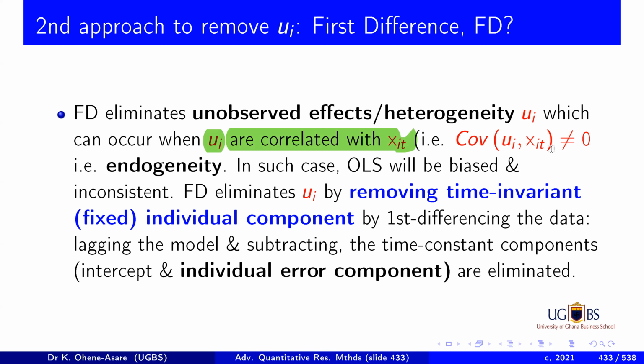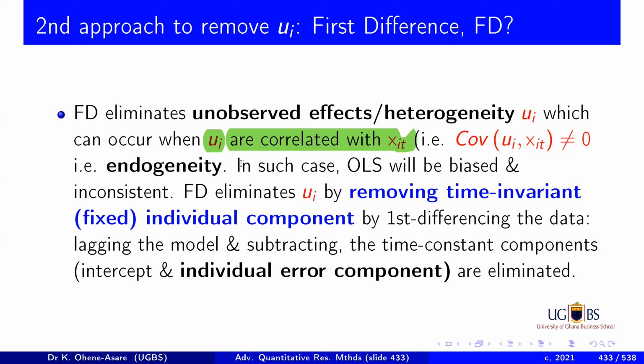Endogeneity is when one of the independent variables is correlated not with another independent variable, which would be multicollinearity, but with one of the elements of the error term, in this case, the unobserved factor. We'll look at endogeneity fully later on under two-stage least squares.